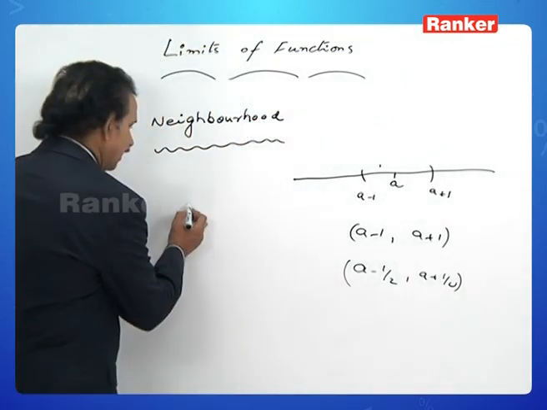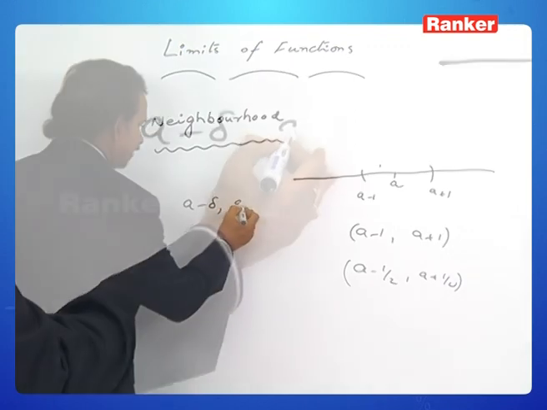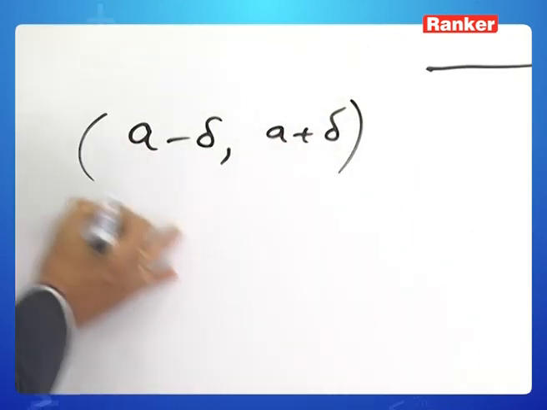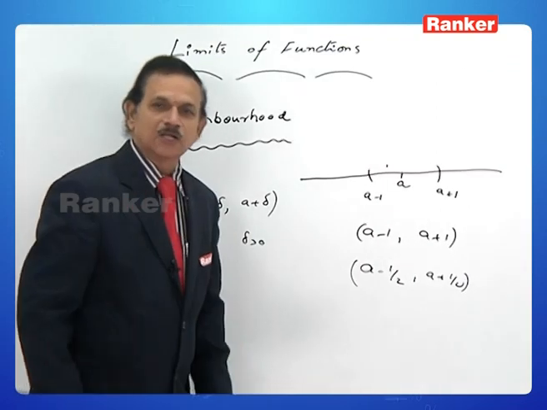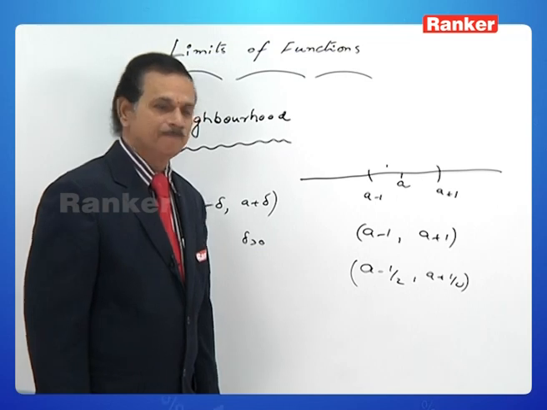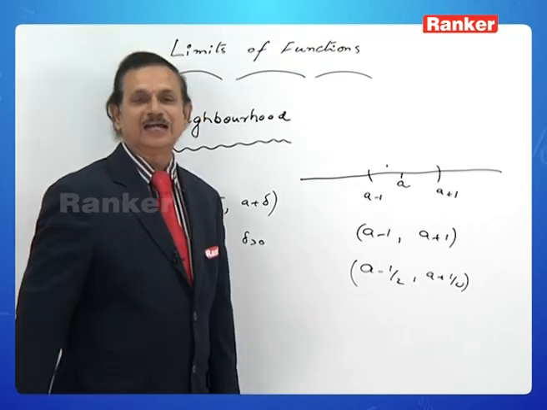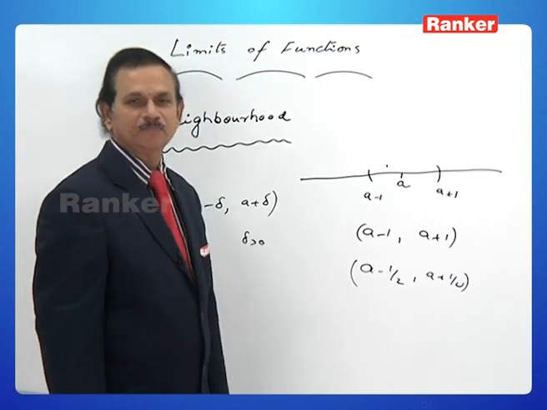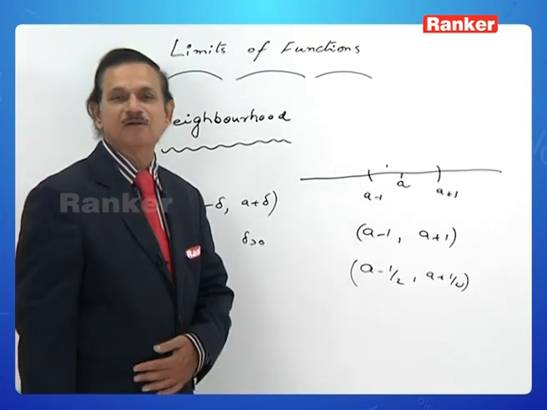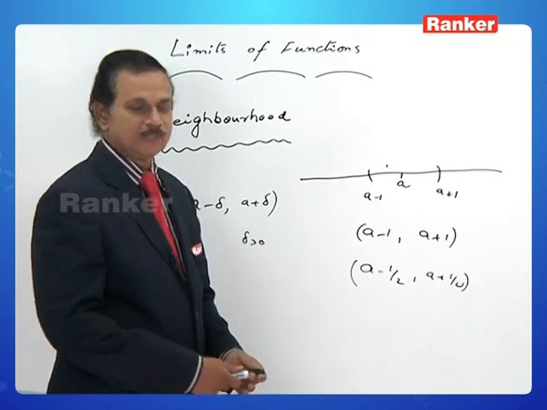And in general, a minus delta to a plus delta, of course delta is a positive real number, is called a neighborhood of a with radius delta and length 2 delta. This delta is arbitrary. This is called a neighborhood of a real number a.